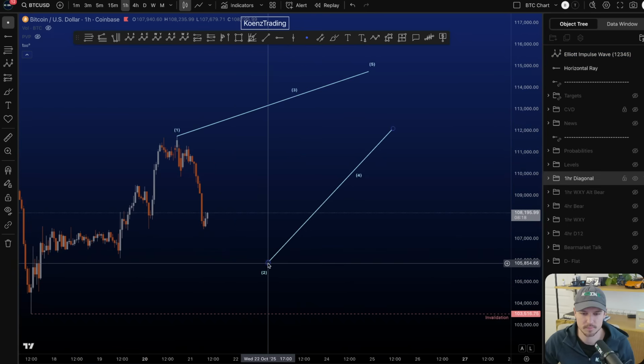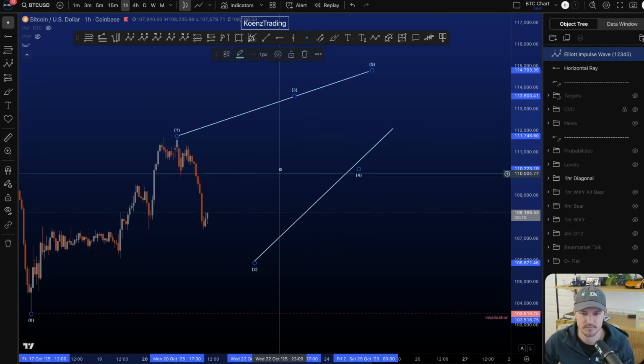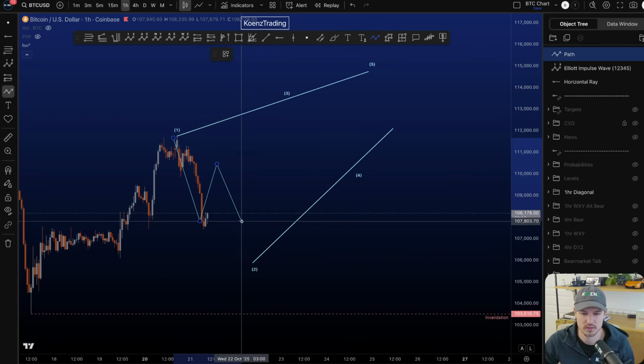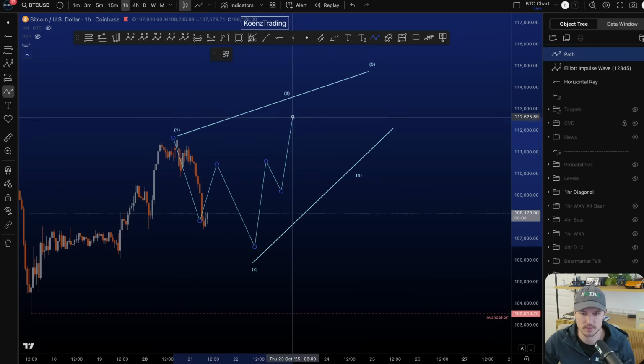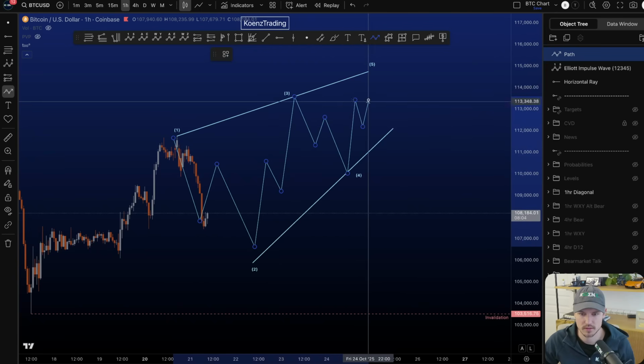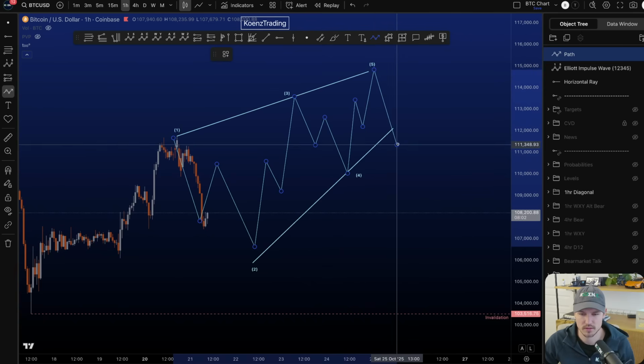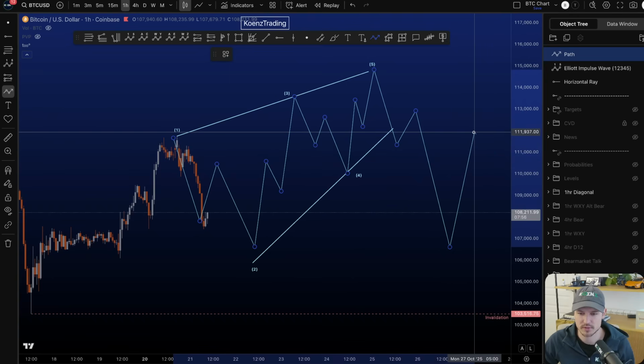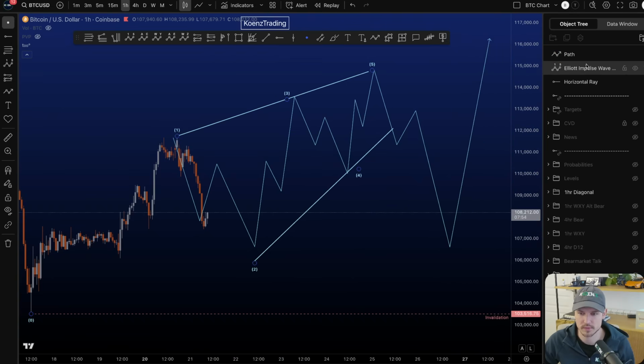There we go. And you're looking for preferably a deep retracement, maybe with a bit of an extended C to make people scared, and eventually, ta-da.